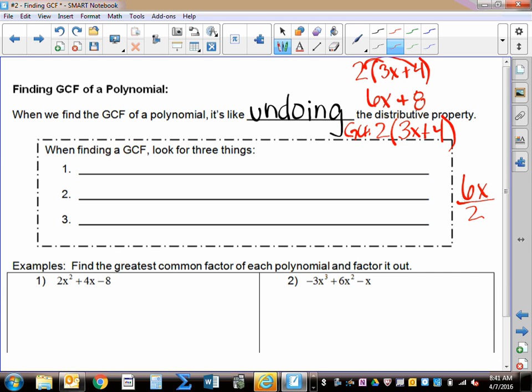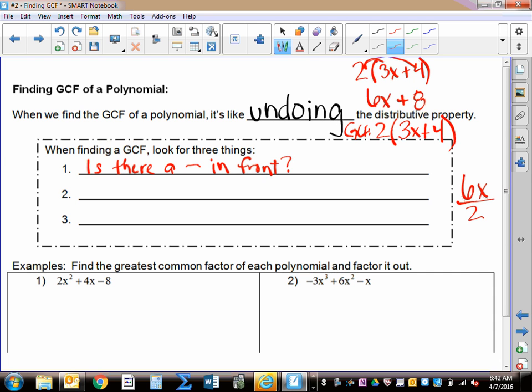Alright, so when finding the GCF, look for 3 things. First, you want to look to see, is there a negative in front? So our problem needs to be written in standard form. So if it's not in standard form, always put it in standard form first. Then you need to see, is there a negative in front? Does your leading coefficient have a negative sign?